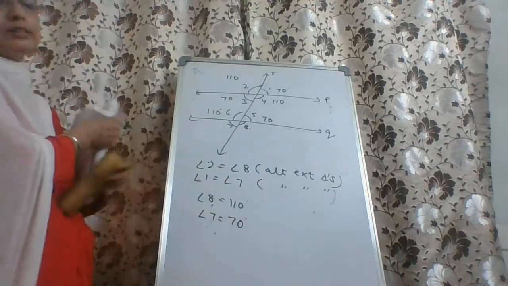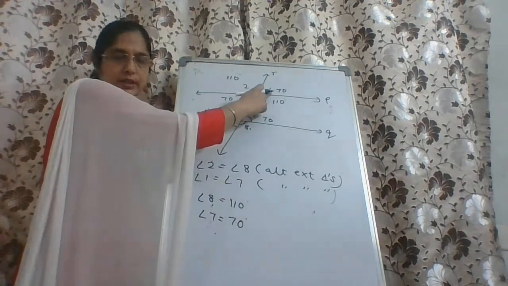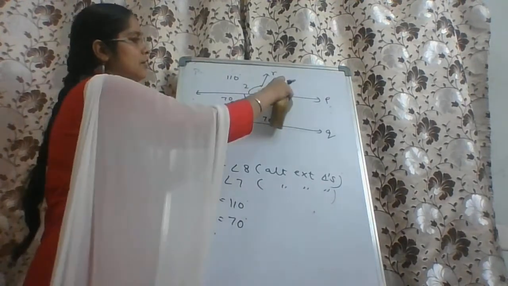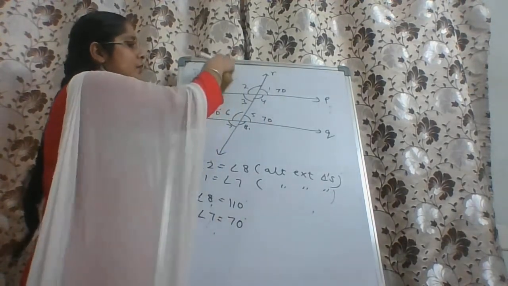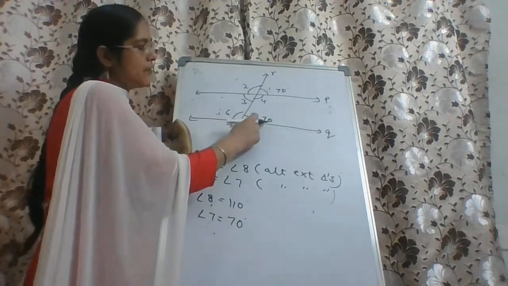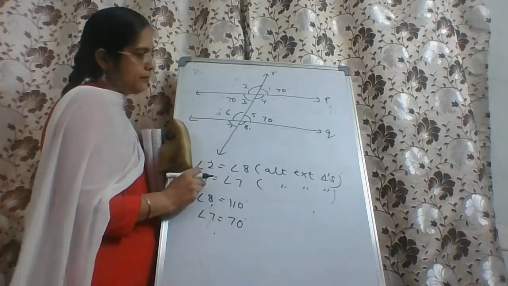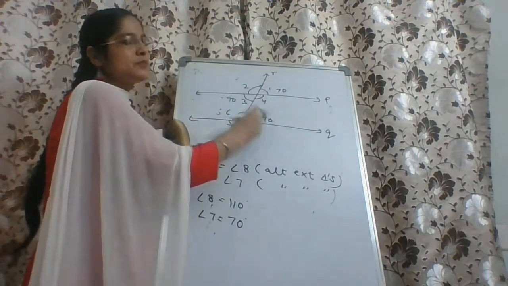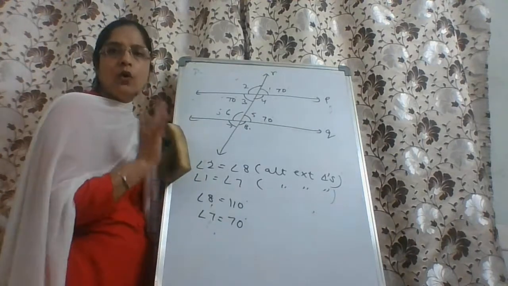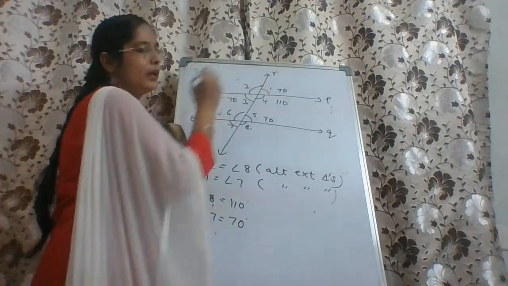Repeating everything once again, just pay attention. Angle 1 is given to you as 70 degrees. Angle 5 is equal to 70 degrees by corresponding angles. If this is 70, angle 3 is equal to 70, alternate interior angles. Angle 4 plus 5 is equal to 180 degrees, co-interior angles. So angle 4 is equal to 110 degrees.